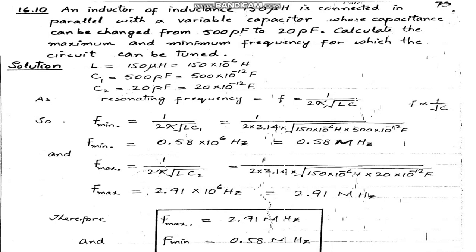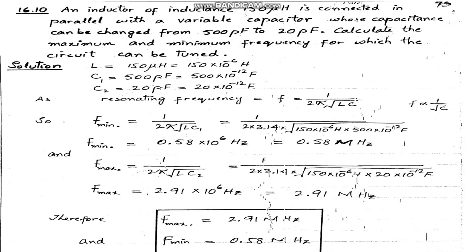For maximum frequency, F maximum is equal to 1 over 2 pi under root LC2. We put the values in here: 1 over 2 multiply 3.14 multiply under root 150 multiplied 10 to the power negative 6 multiply 20 multiplied 10 to the power negative 12.